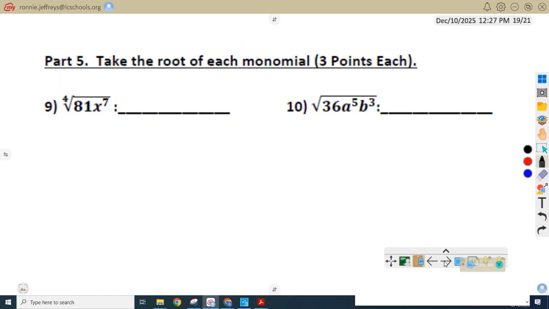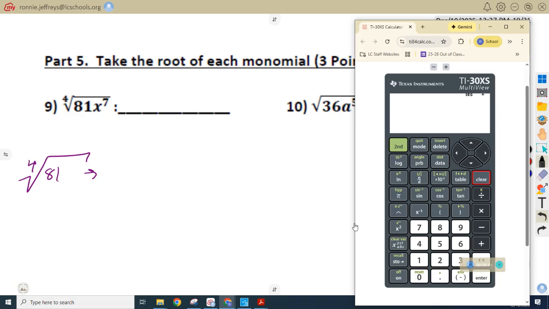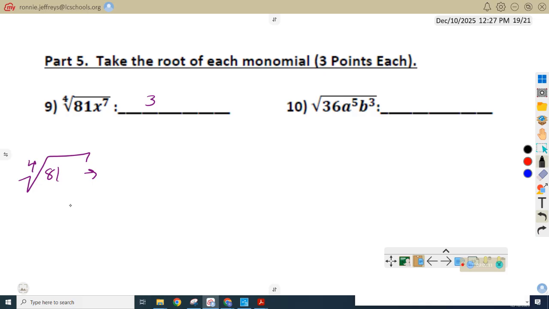Now, yep. So, for this, we're going to take the 4th root of 81, which is... 4, second, 81. All right, so that's 3. Now, for our X's that live in Texas.